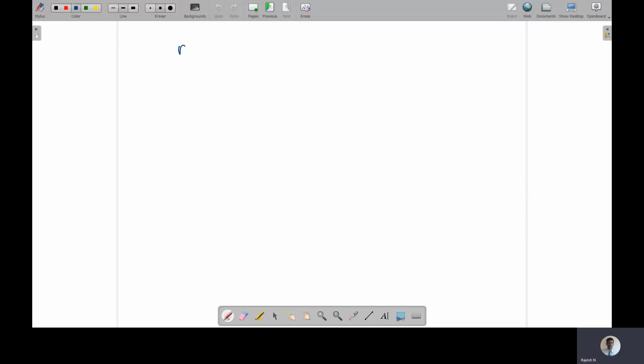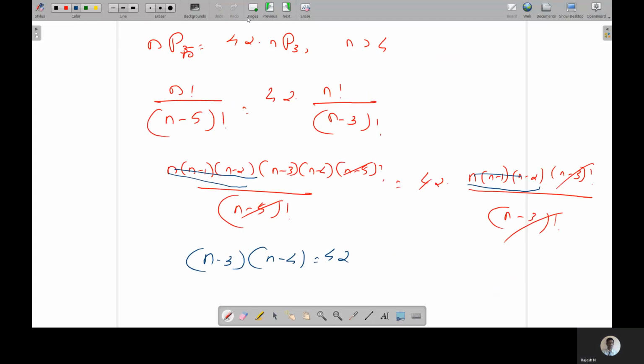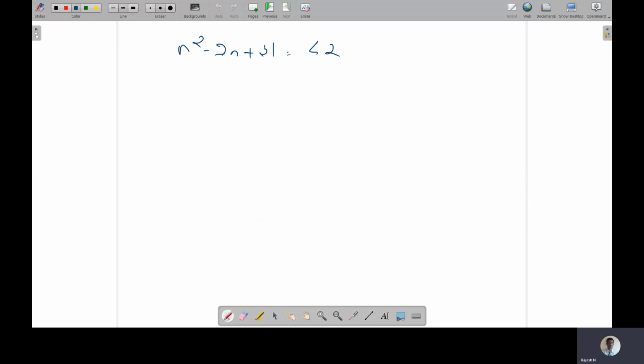So n squared minus 7n plus 12 is equal to 42, which means n squared minus 7n minus 30 is equal to 0.